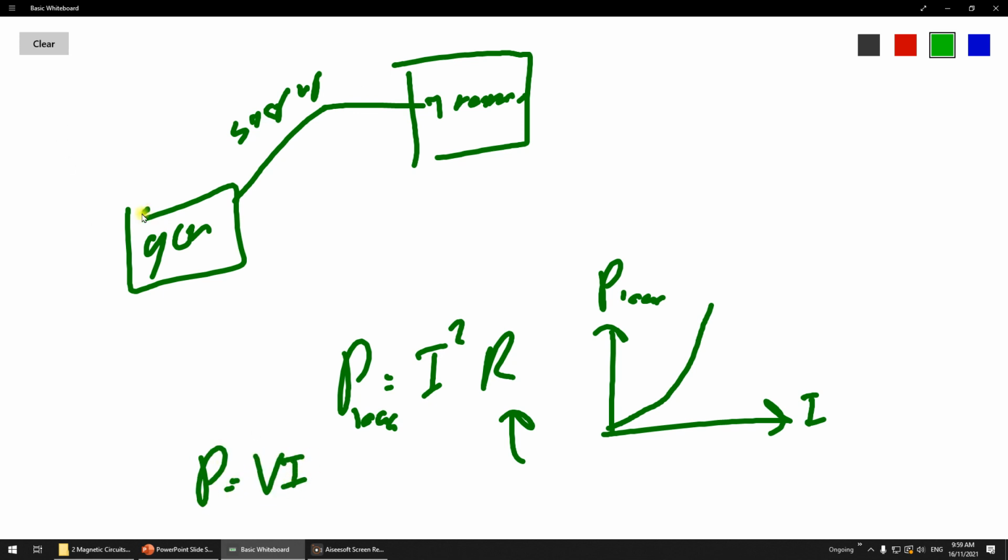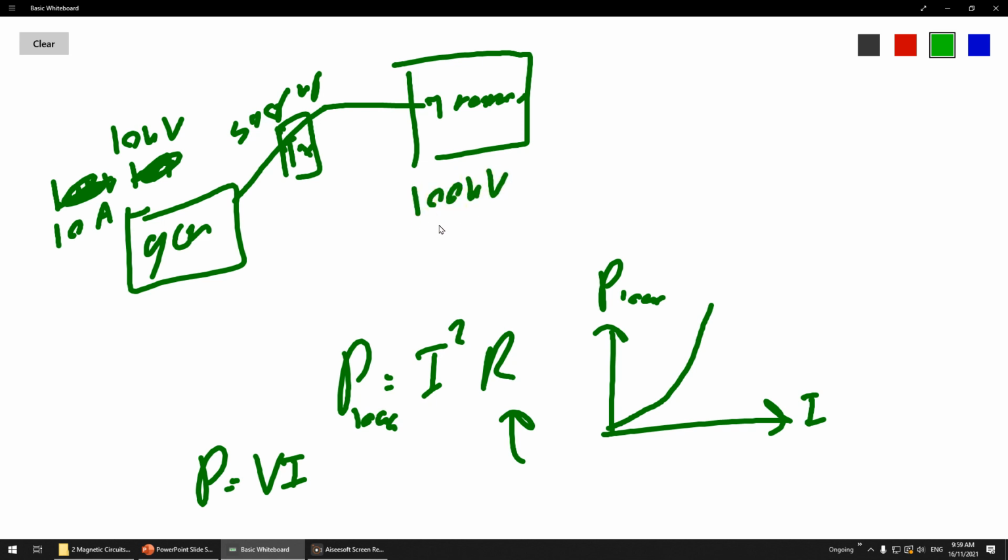So for example, this one is 10 kilovolt and 10 ampere. This is just an example, usually it is higher. When you put a step up transformer here, at the transmission line you can increase the voltage to 100 kilovolt, but the current becomes 1 ampere.